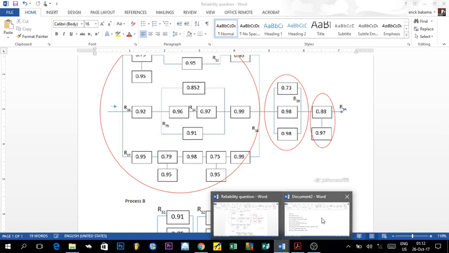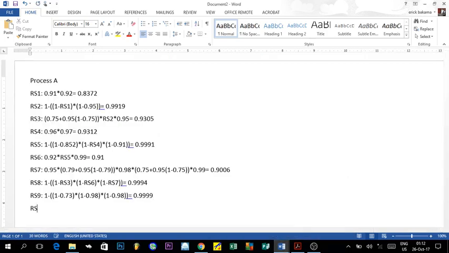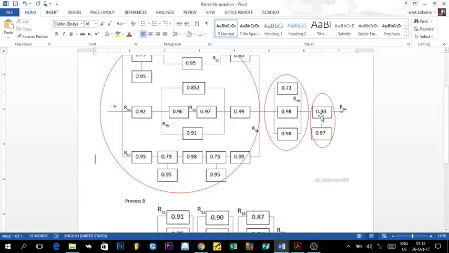So the formula is easy in this case. We have the reliability of system A, that is equal to RS8, in series with RS9, in series now with one component with a backup, 0.88 and 0.97.